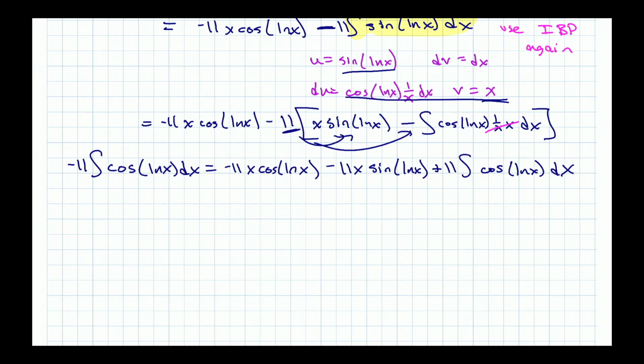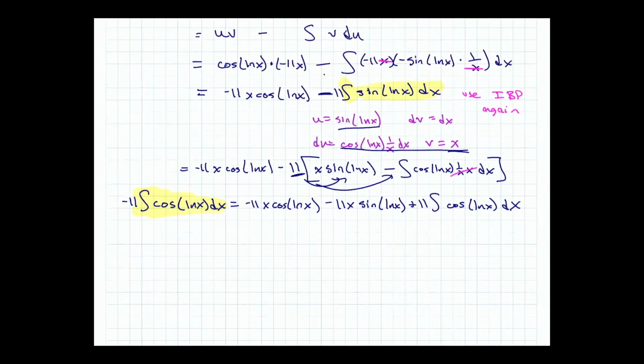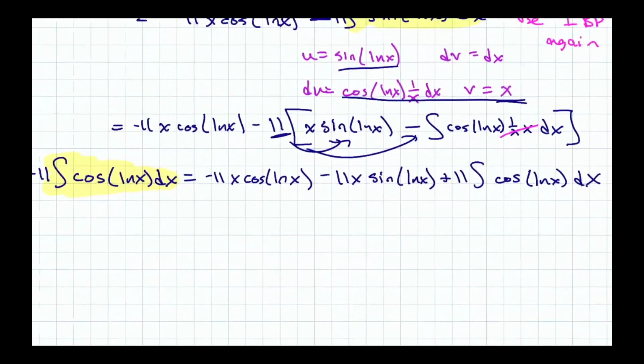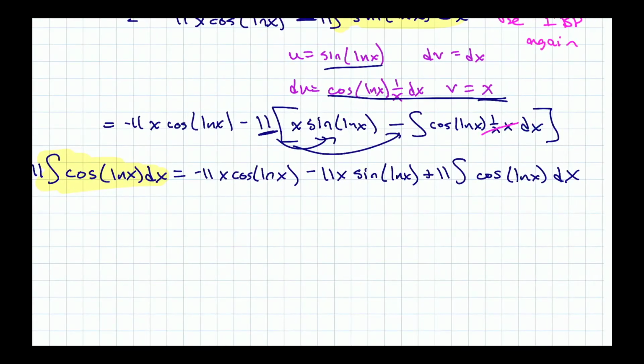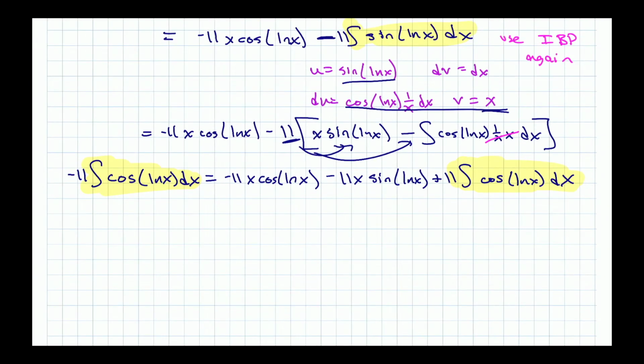Now, look at what we've just accomplished. We're a bunch of freaking geniuses over here. We started with the integral of cosine ln x dx, and we did this much work, and we turned it into the integral of cosine ln x. So all of that work just gave us back the same integral that we started with. And so you feel like you didn't do anything useful, right?